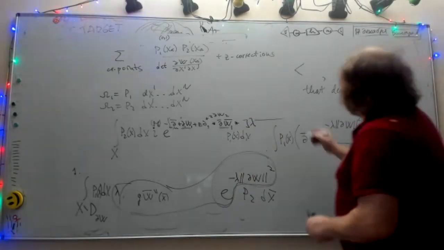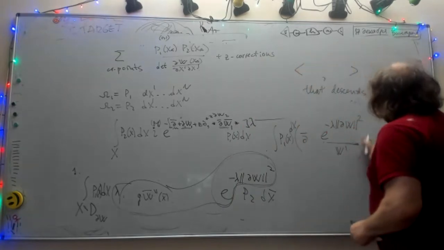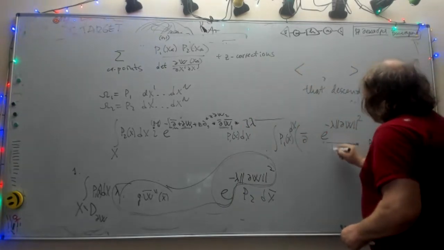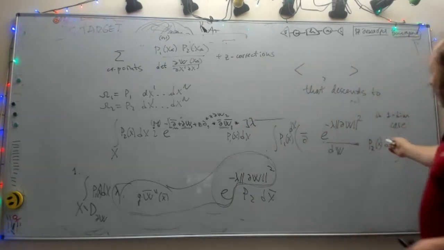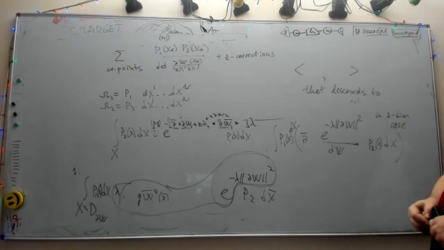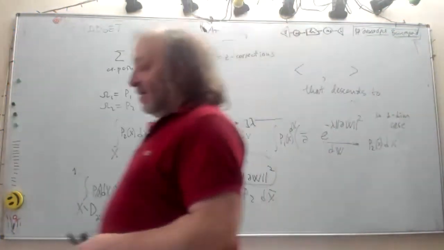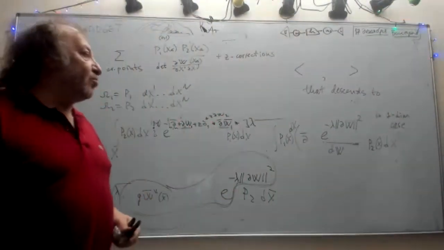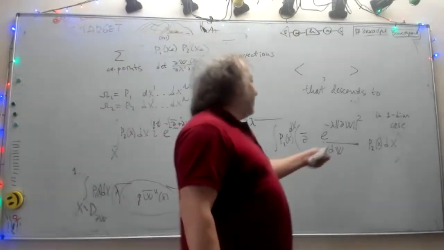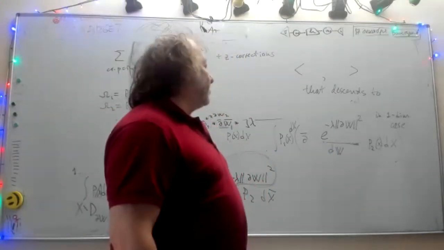Or maybe I need to put it like this. So in one dimension, I can divide. Maybe I can generalize it to higher dimensions. I have never checked. But in one dimension, you can do it like this.